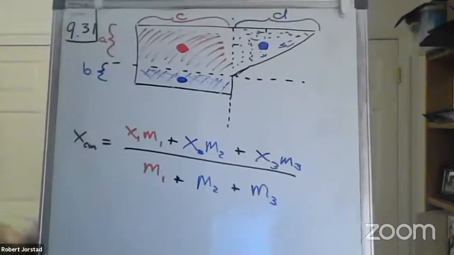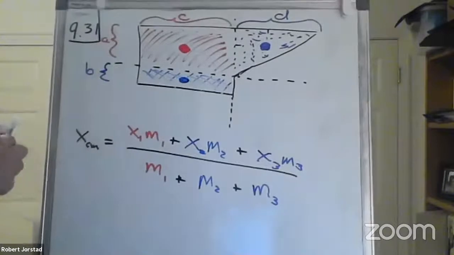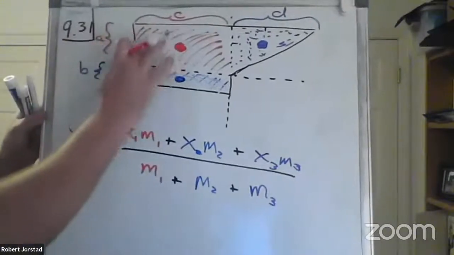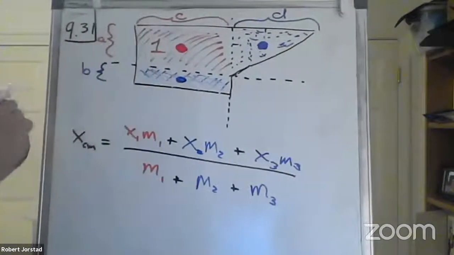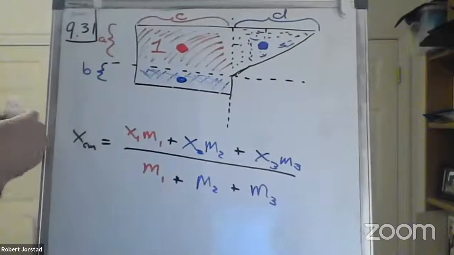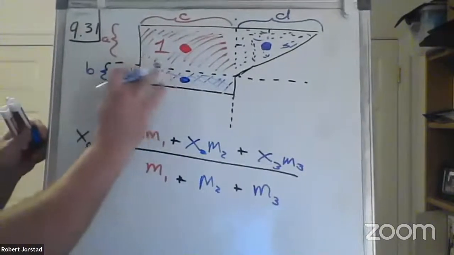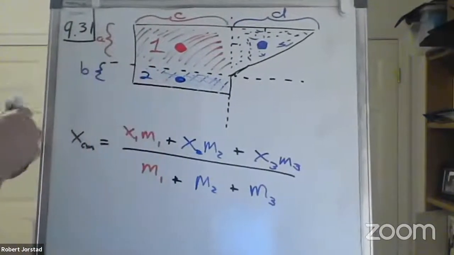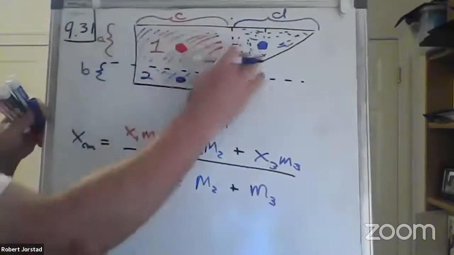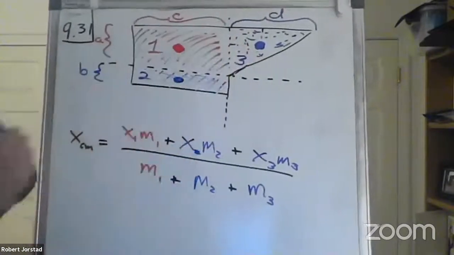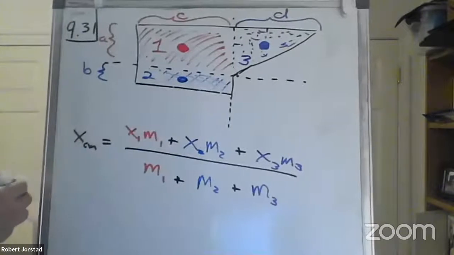So help me out here. I'm assuming this is object 1. This one is object 2, the bottom one. And this one over here is object 3. So what is X1?